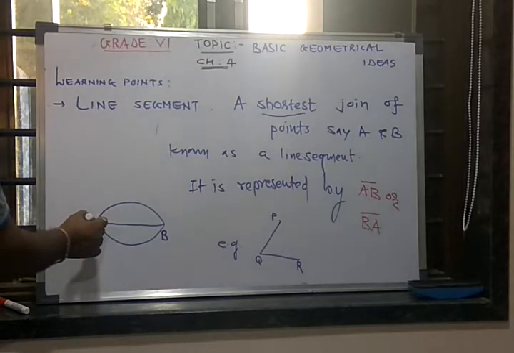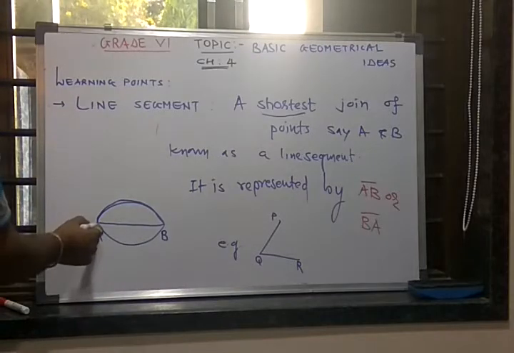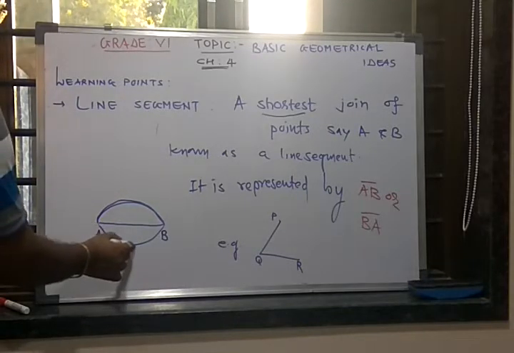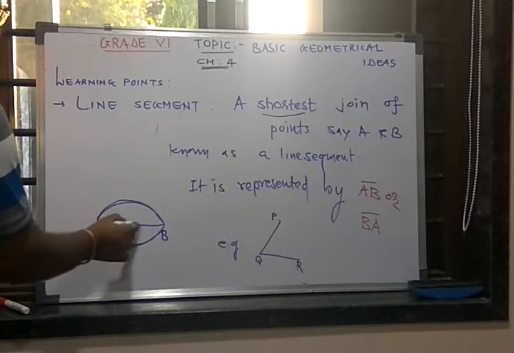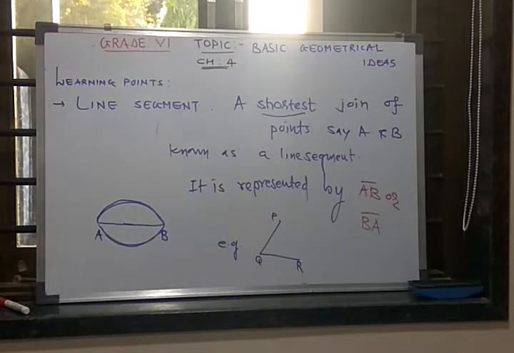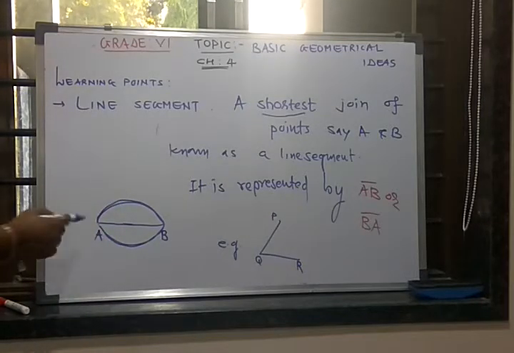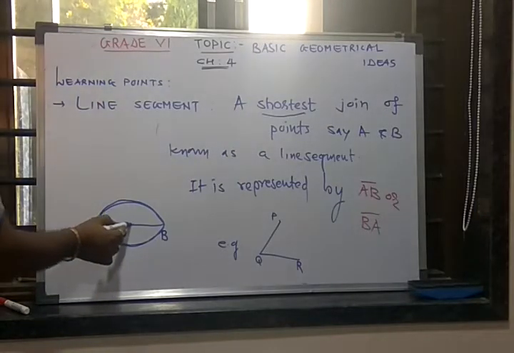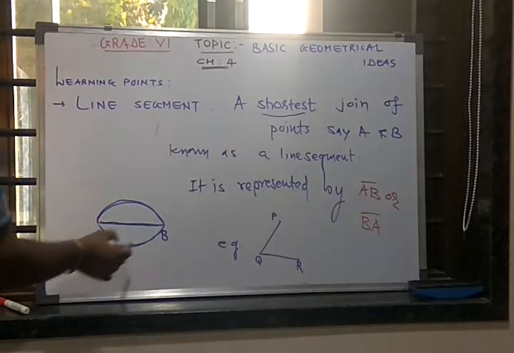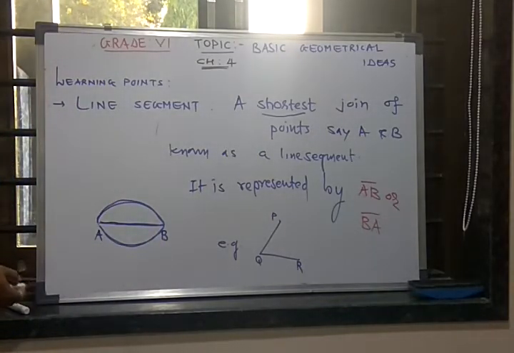Say somebody joins the points like this way. Like this way also you can join. And you join with a straight line. Now out of these three cases, which one is shortest? This is the shortest join of A and B points. It is known as a line segment.